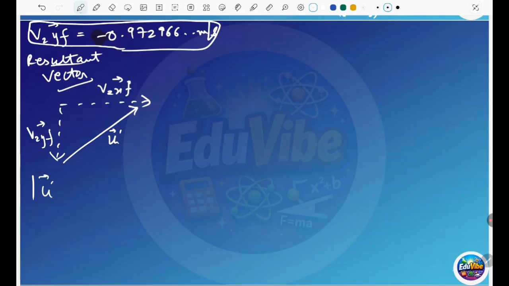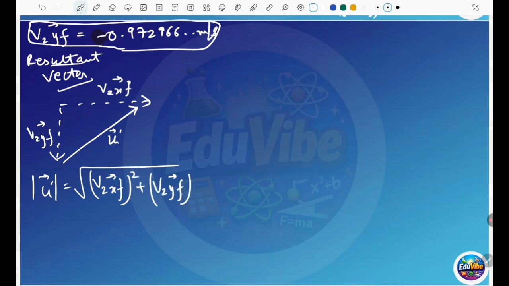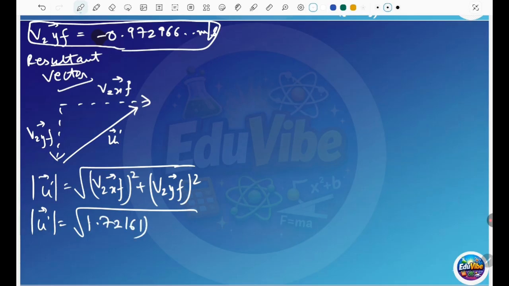You know how to find it: you take V2x final square plus V2y final square. When you put the values in, V2x final is 1.72161 squared plus negative 0.972966 squared.